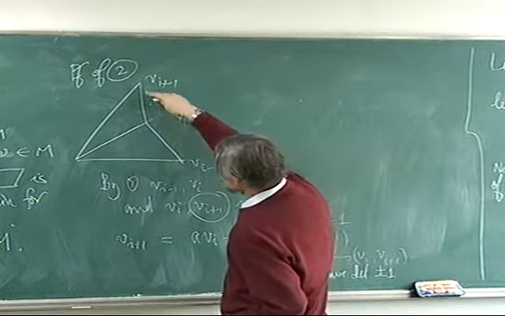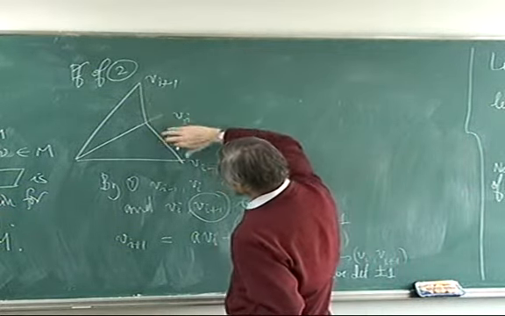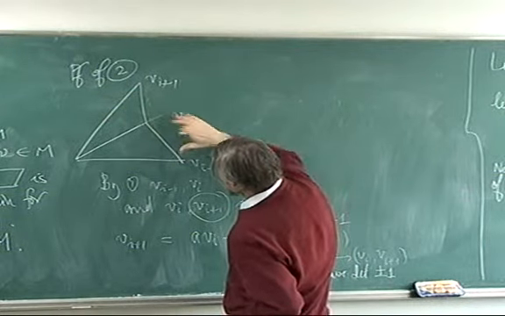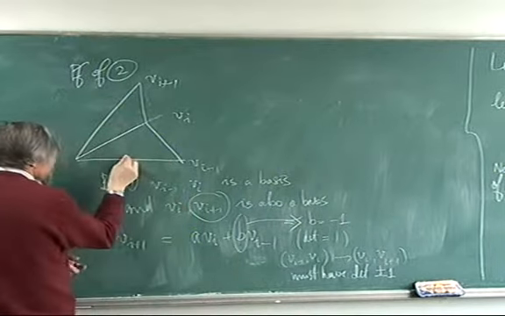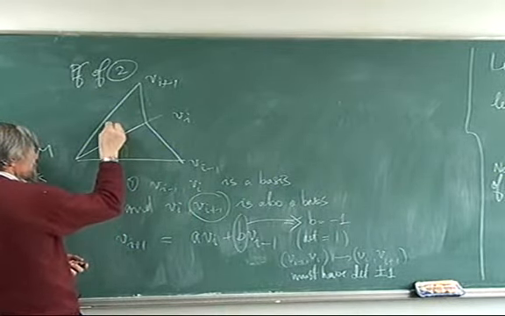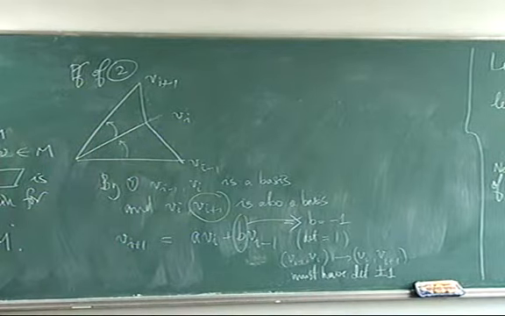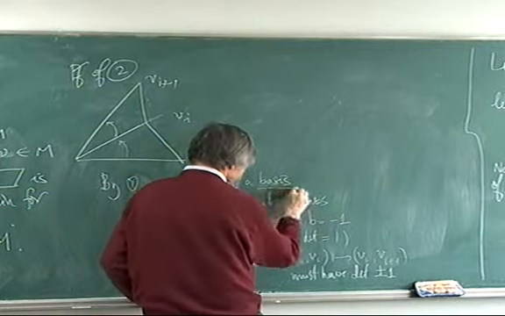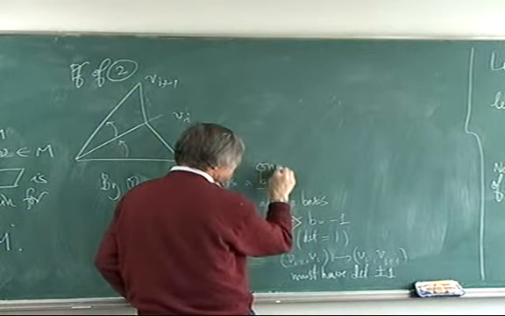But it's got to be positive, because when I make this change of coordinates, these are really, as written, oriented bases. So it's also a basis, but it's actually an oriented basis.